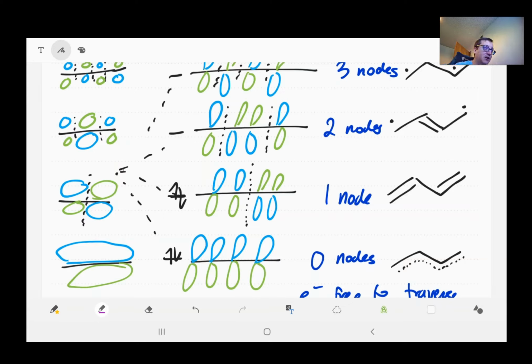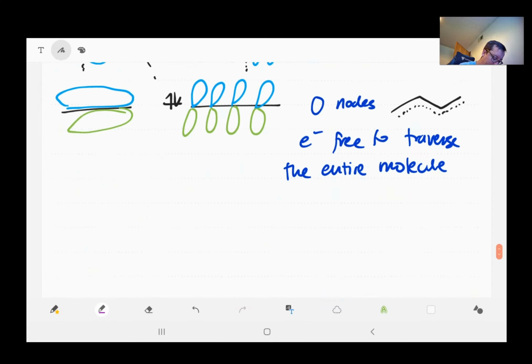However, these higher energy ones, the ones that look like the normal butadiene structure that we typically draw, this is what we call the highest occupied molecular orbital. And we call this one the lowest unoccupied molecular orbital. Let me write those down here. Unfortunately, I just have no space, so I'm going to have to draw those down here.